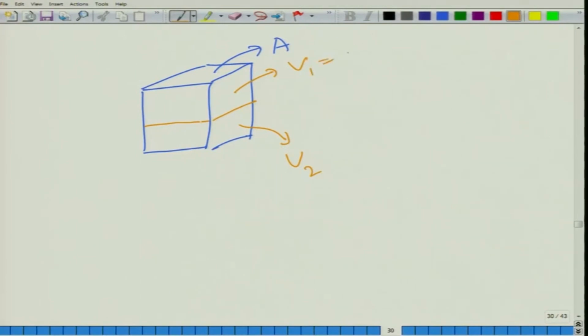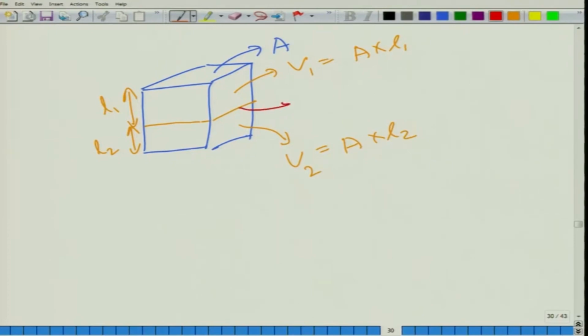Now, V1 is given by A into L1, where L1 is this length, and V2 is given by A into L2, where L2 is this length. So, essentially when you have put your sample inside water, you can mark the water level.